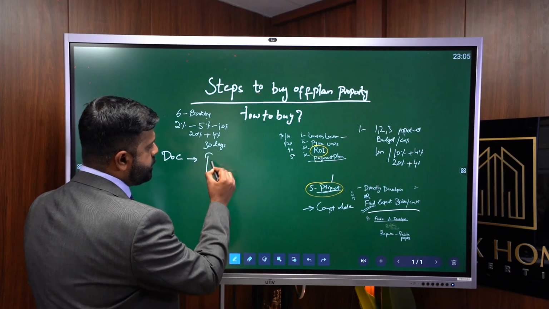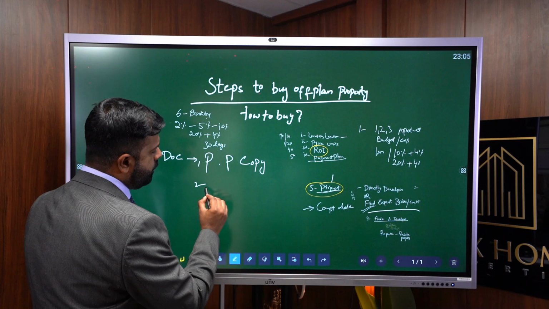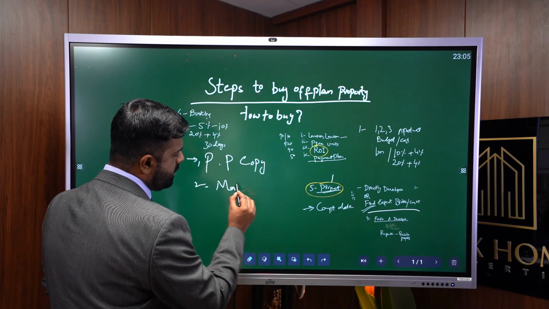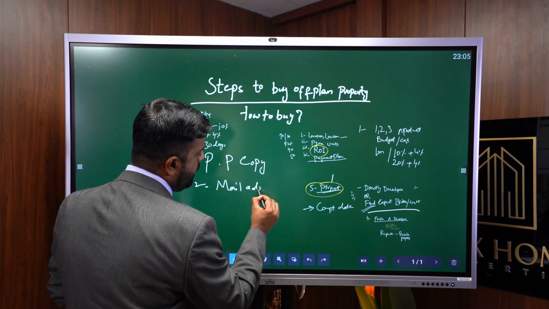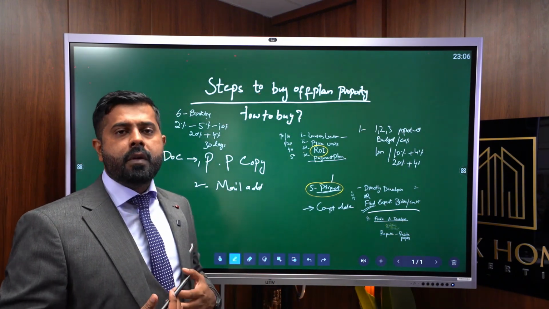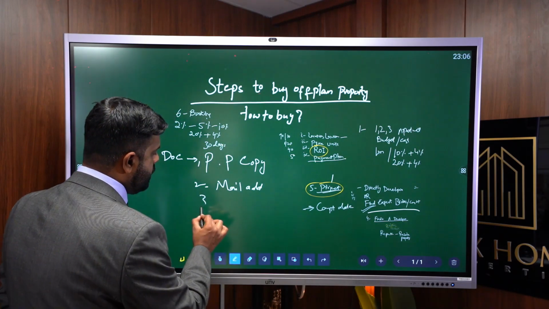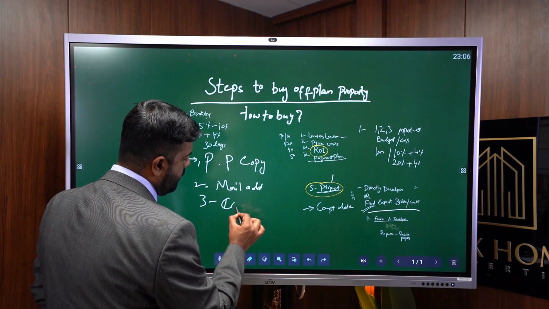our passport copy. Number 2, the mailing address. Some developers send the copy online. Some developers send the hard copy in the mail at the mailing address, and a contact number.